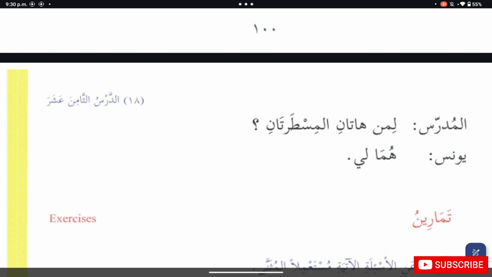The word is mistara with a ta marbuta. So we're saying mistaratan. It means a ruler. So for whom are these two rulers? You could just say liman hatan.